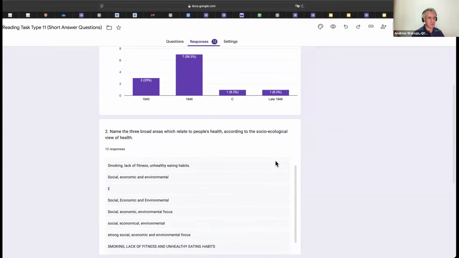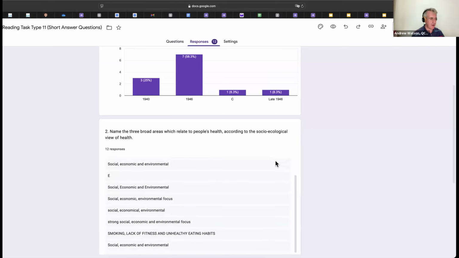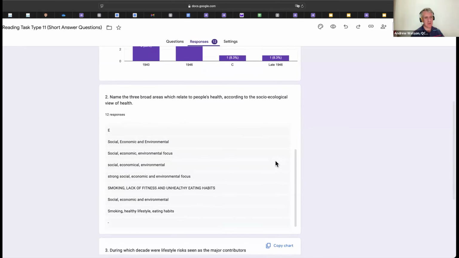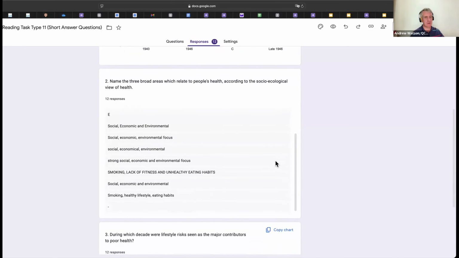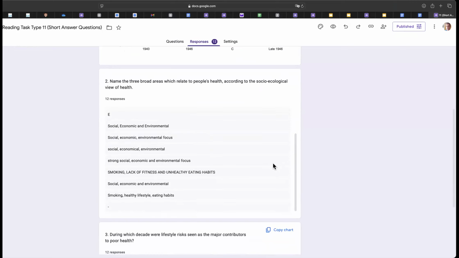Three broad areas which relate to people's health according to the socio-ecological view of health. And the answer is social, economic, and environmental. Most of us got that right. I've got a question regarding those ones. If you notice, there were some people that wrote 4 things, for example, social, economical, environmental, and focus. Isn't it penalized?